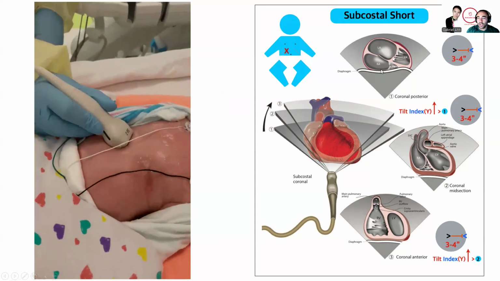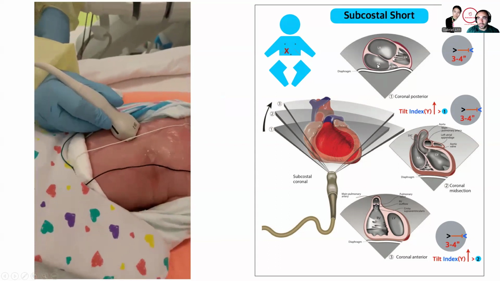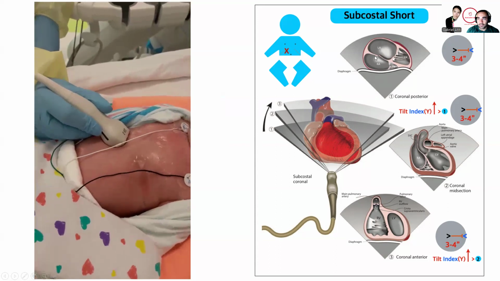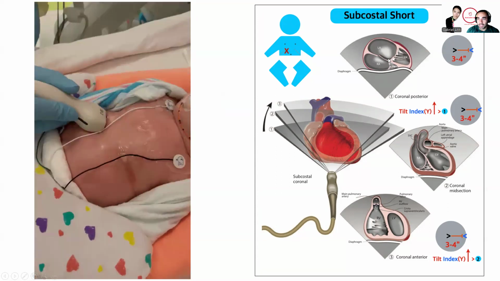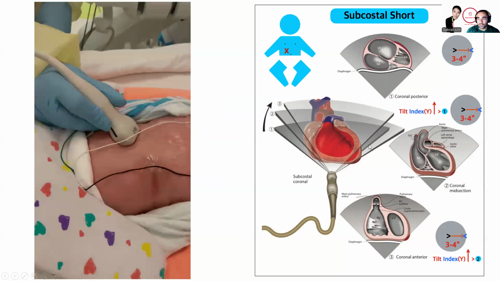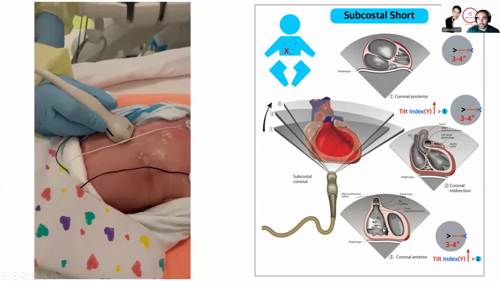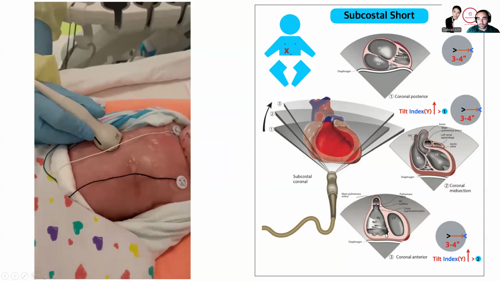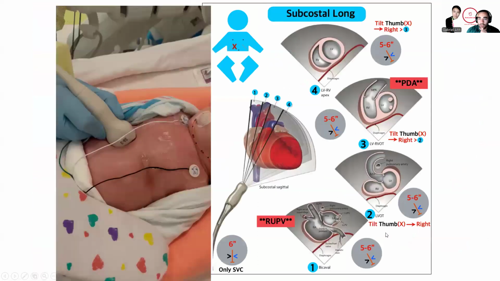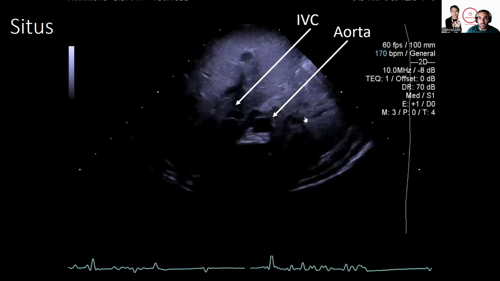Here, you first start with the relationship between RA and LA, and it's great for interatrial shunting. As you go more anteriorly, you start seeing your RV-LV with the outflow tract, and eventually your RV with its own outflow tract. Okay, we'll start with images.